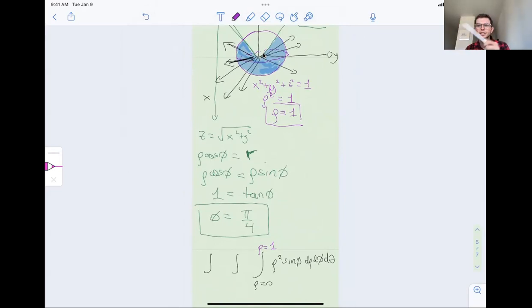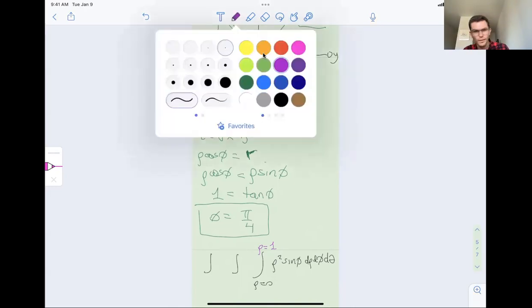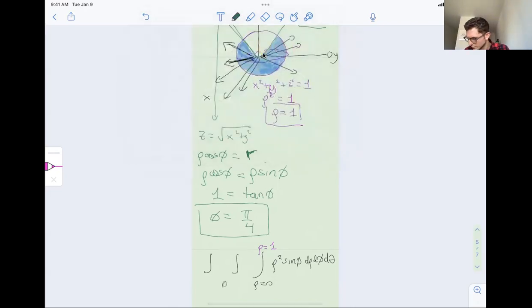So really you start seeing the region at pi over 4, and then you keep coming down, down, and down until you get to the south pole. So the bounds are from pi over 4 to pi. Is that okay with everyone? Is that making sense?